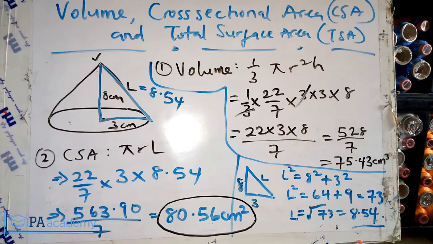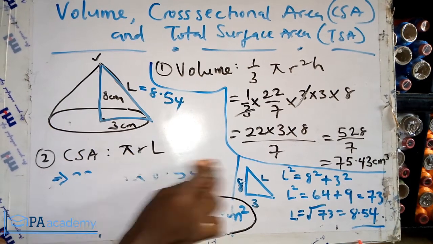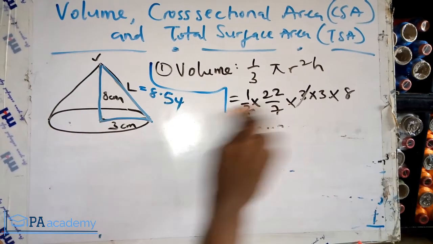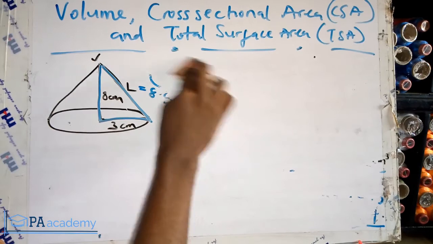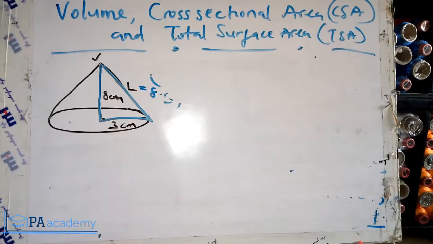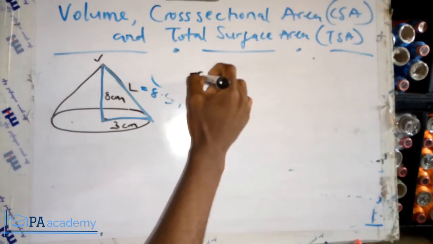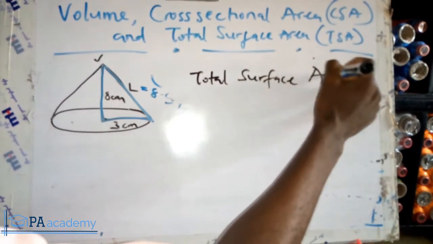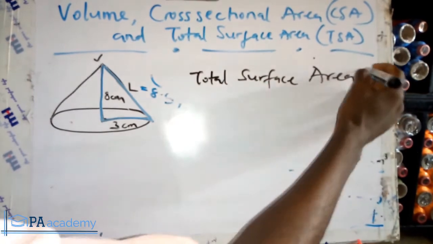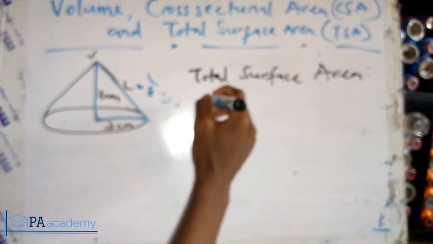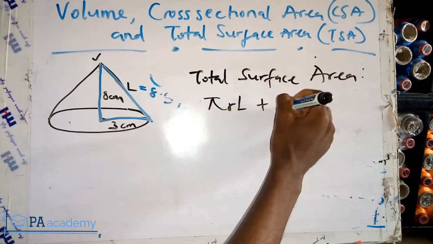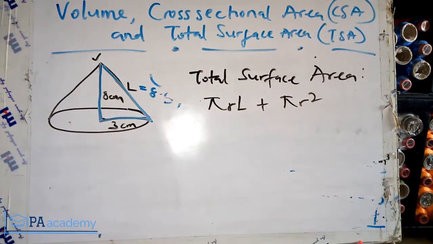Now the last thing you are asked to calculate is the total surface area. The formula to calculate the total surface area is pi r L plus pi r square.